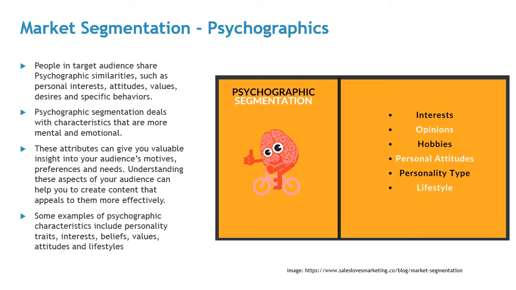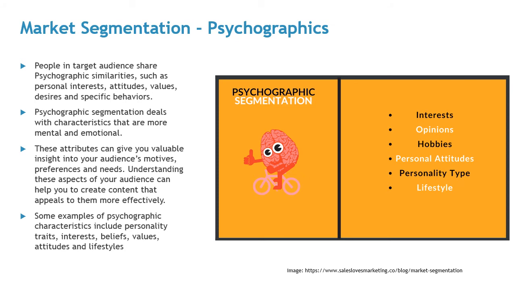Market segmentation based on psychographics. This is when people in a target audience share psychographic similarities such as personal interests, attitudes, values, desires, and specific behaviors. Psychographic segmentation deals with characteristics that are more mental and emotional.